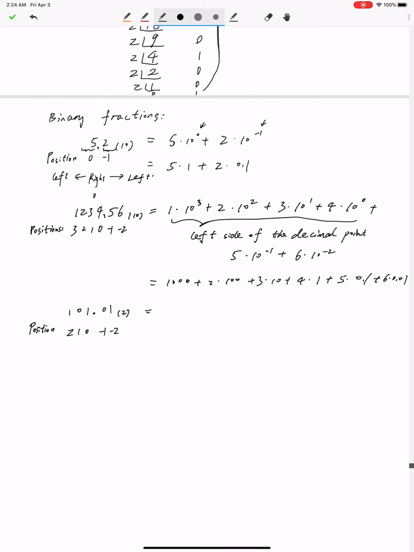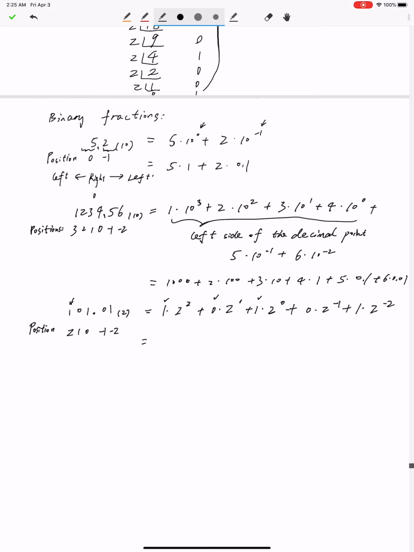After we figure out this point, we can decode this binary number. The first part is 1 times 2 to the power of 2 plus 0 times 2 to the power of 1 plus 1 times 2 to the power of 0, right? So the first digits, 101, are decoded. For the right hand side of the decimal point, they are 0 times 2 to the power of -1 plus 1 times 2 to the power of -2, right?